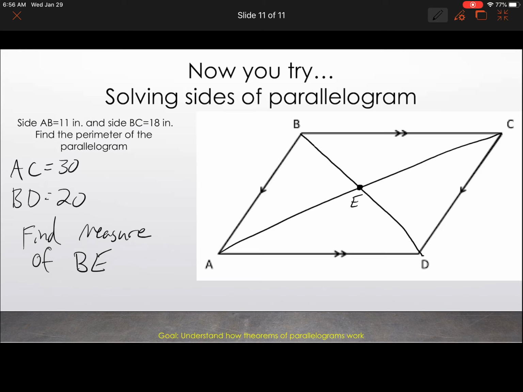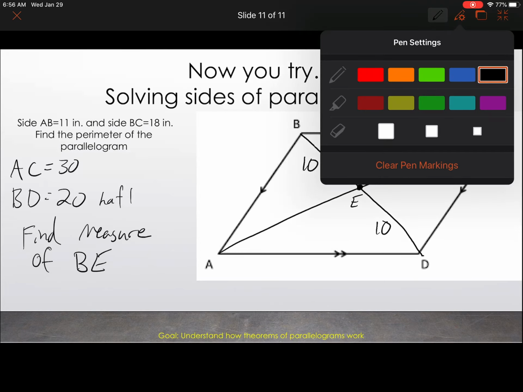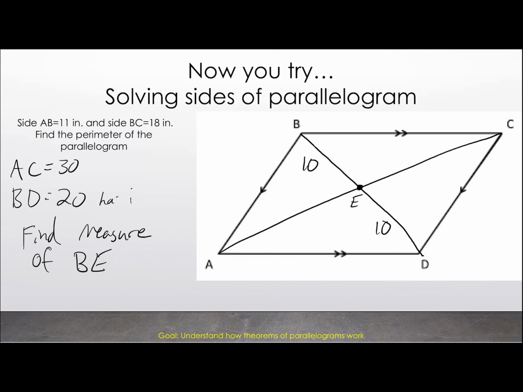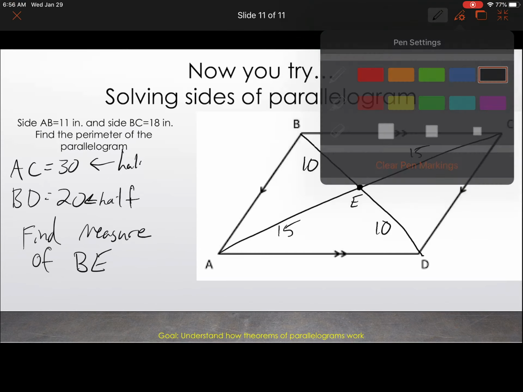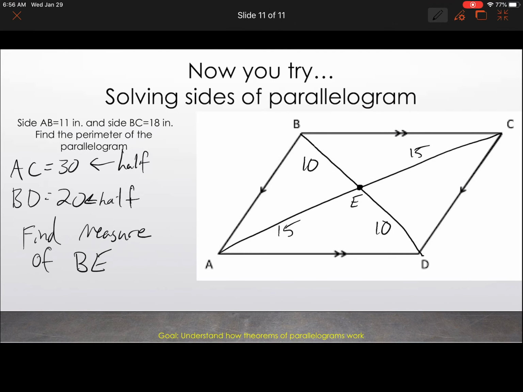BD is 20, but because I'm bisecting it, this would be 10, and this would be 10, because it'd be half. Half is not spelled that way. It'd be half of this, and then this would be 15 and 15, because it'd be half of this. Wow, my spelling is off today. Okay, half of that. So BE would just be half of whatever I'm diagonaling here. It's 10.